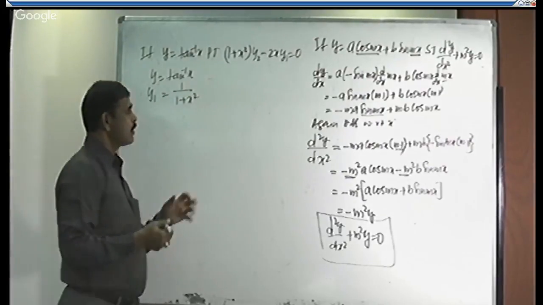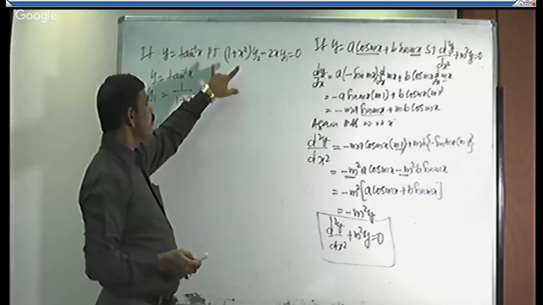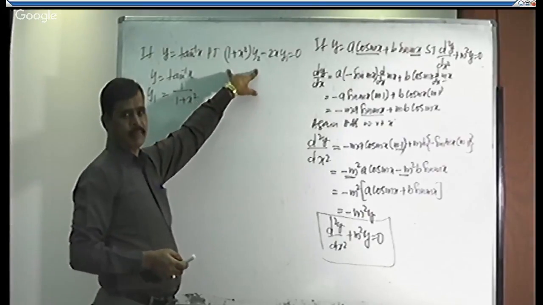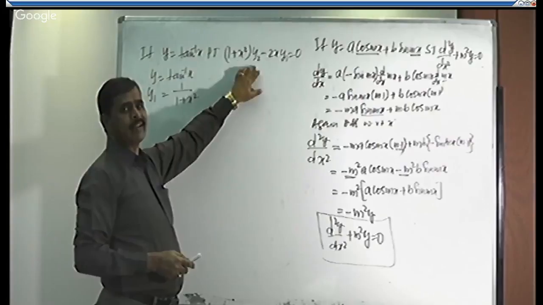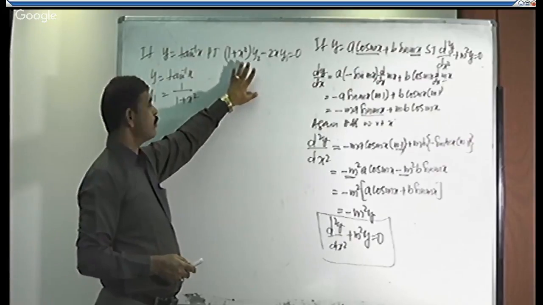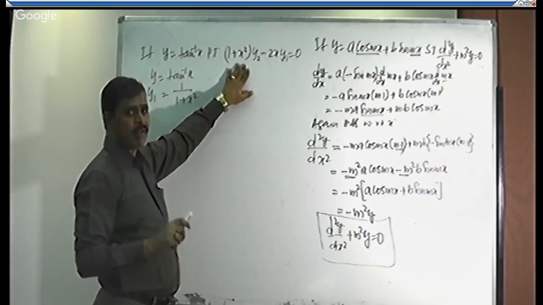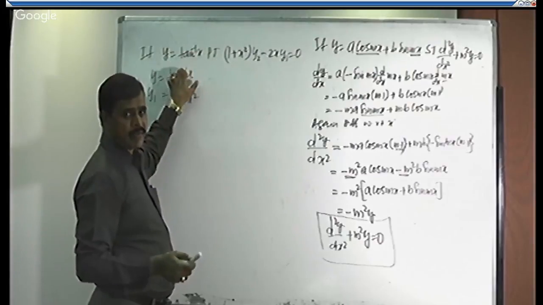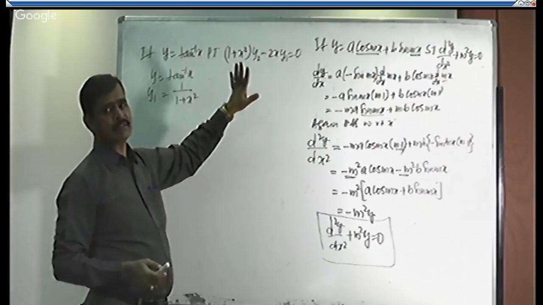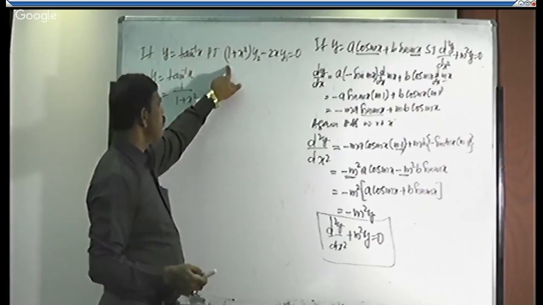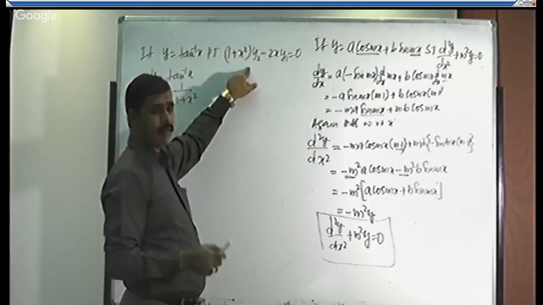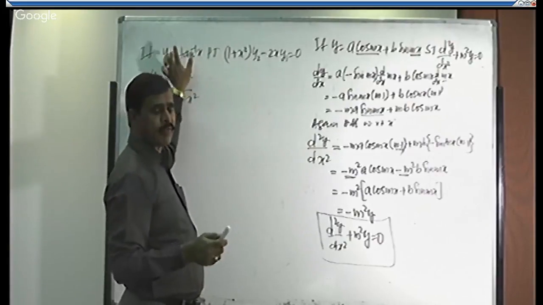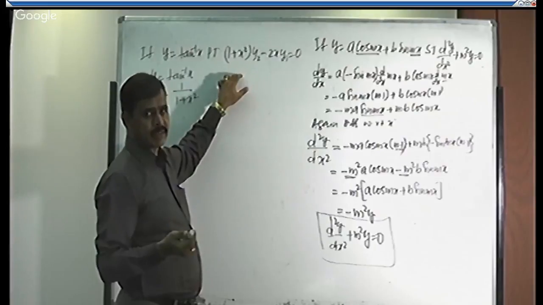See, in successive differentiation, many problems will come in this form. How to get this type of equations? They are given only for inverse functions and for log functions. Remember it. This type of problems will be given only for inverse functions or log functions. Why?